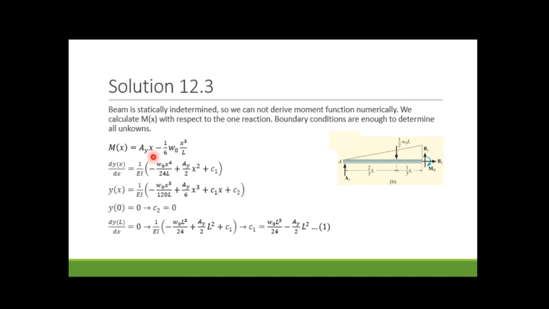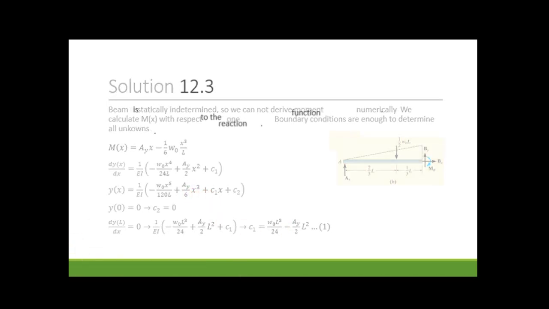Then I can pass to the y(x) function by taking the derivative 2 times. So how many unknowns do I have? C1 I don't know, C2 I don't know, and the third term is Ay. So I need 3 boundary conditions in order to derive it. Let me check if I have them.